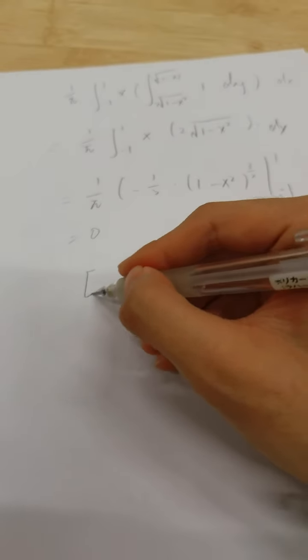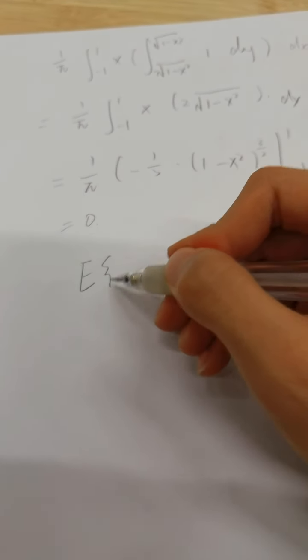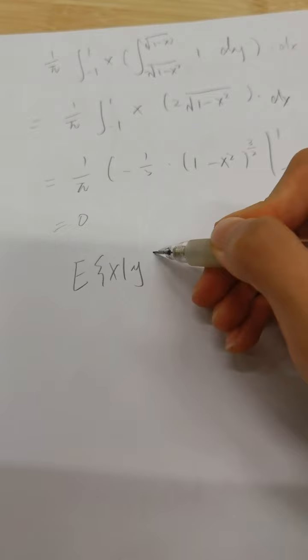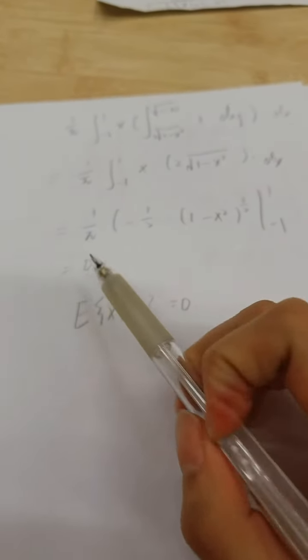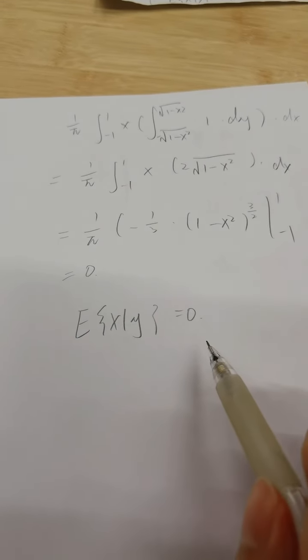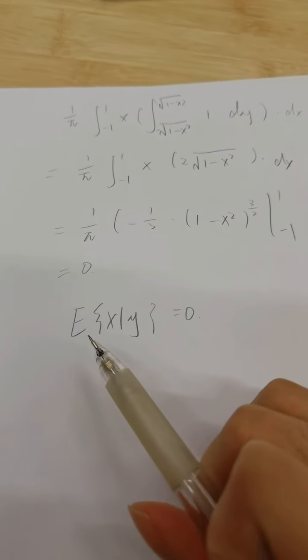After that, we can write out E[X | y] is equal to 0 also, because E[X] is 0. So for this conditional function, it also becomes 0 because E[X] is 0.